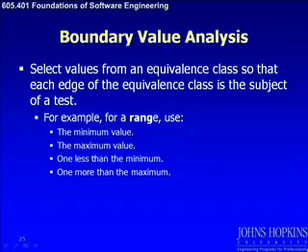If you choose values right near the edges of the range, then you're more likely to get erroneous behavior. So you get the typical off by 1 problem.